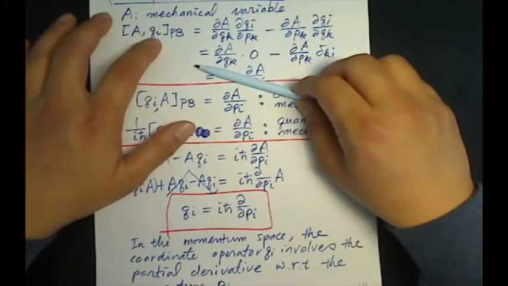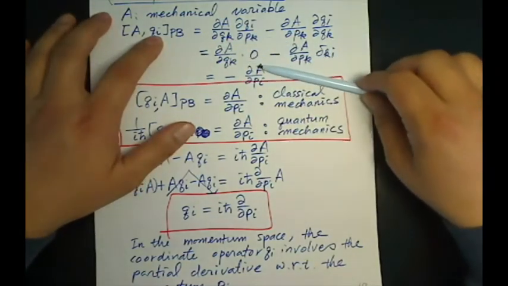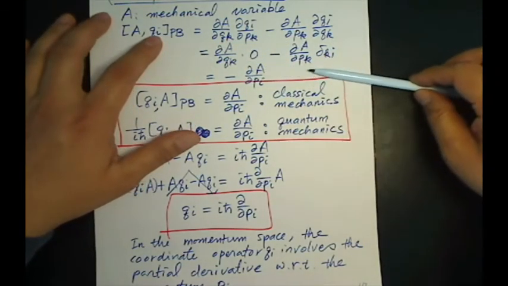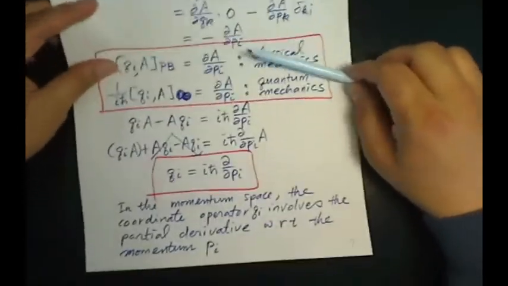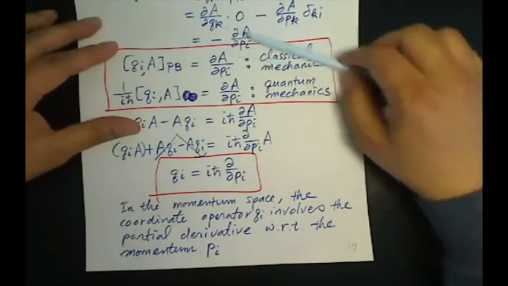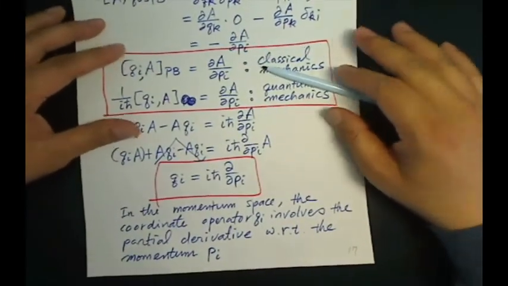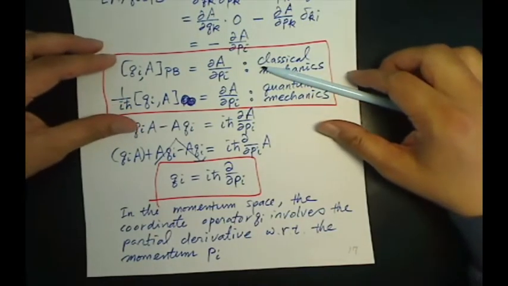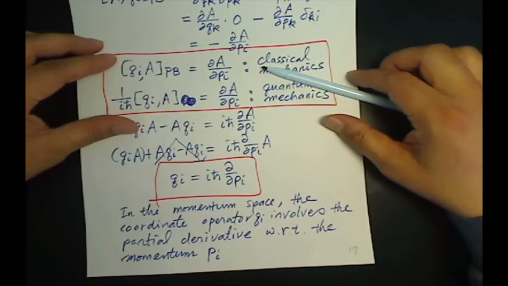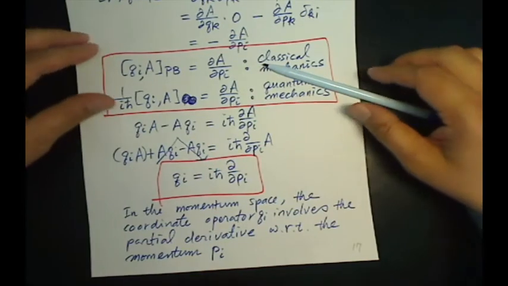In the case of p, the first term survived, and here the second term survived, so a negative sign appears. This originates from Hamilton's equation of motion, in which the momentum time derivative has a negative sign on the Hamiltonian's coordinate derivative.